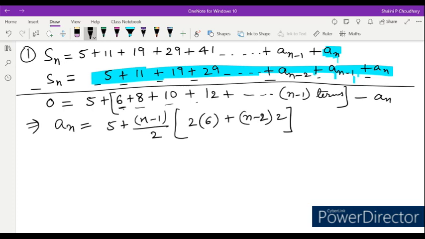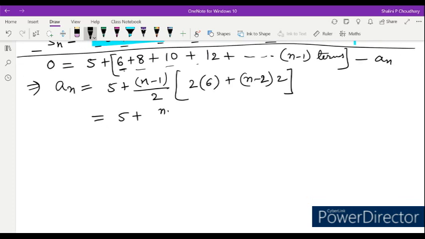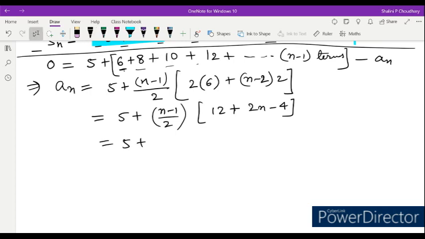So what value will we get for a n? 5 plus n minus 1 upon 2, and for this one we'll get 12 plus 2n minus 4. Now 5 plus n minus 1 upon 2, and from this one we can take 12 minus 4, which is 8, and 8 plus 2n.